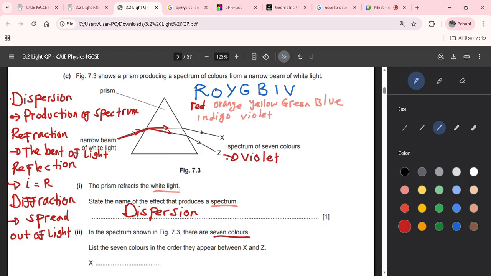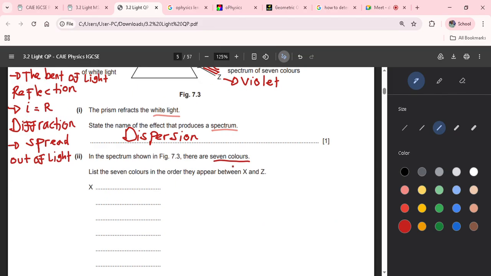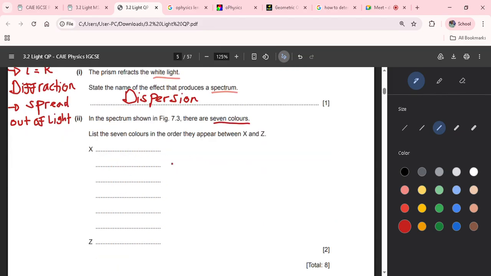X is the least deviated, which is red. Of course, there are other colors between them, making 7. So we can write here, X is red.